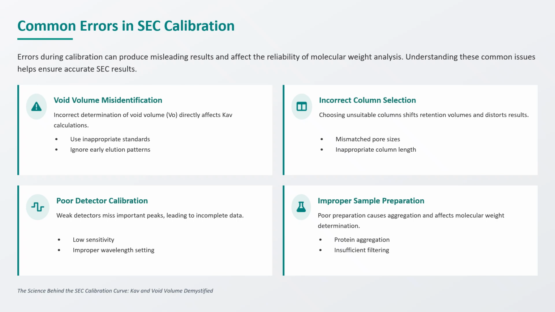Third, detector limitations. A poorly calibrated UV or RI detector can miss low-level aggregates or distort peak shapes. And finally, sample preparation. Unfiltered samples, aggregation during handling, or inappropriate solvents can sabotage even the best calibration strategy.